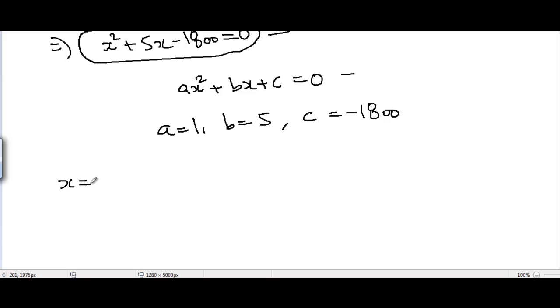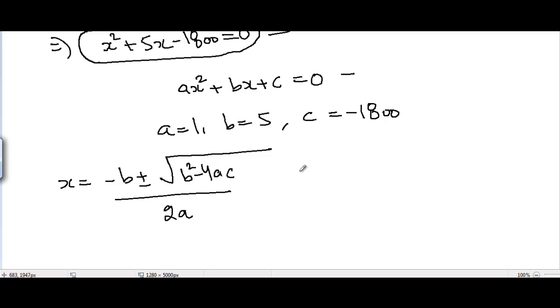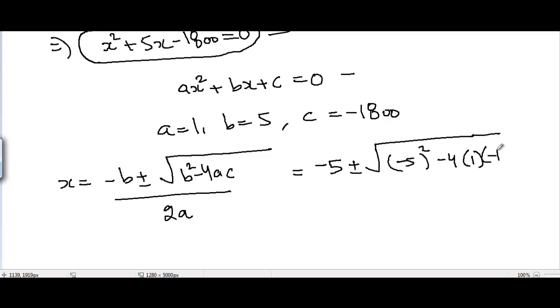The quadratic formula is x equal to minus b plus minus square root of b square minus 4ac, divided by 2a. So it's equal to minus 5 plus minus square root of 5 square minus 4 times a, which is 1, and c, which is minus 1800, divided by 2 times 1.